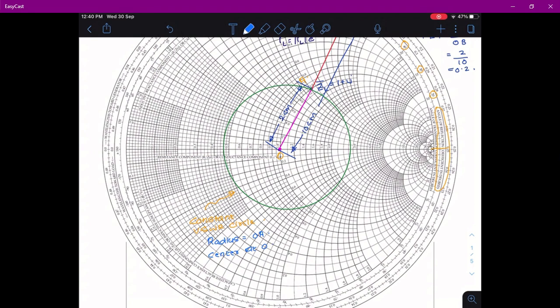And all the impedances of the transmission line lie in this circle.